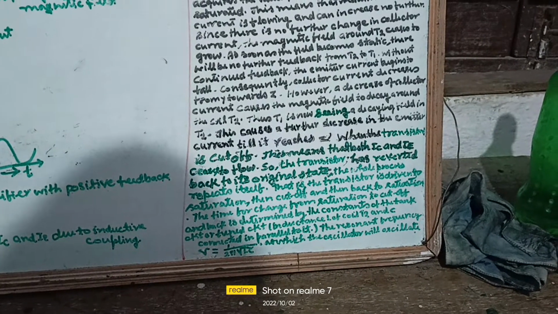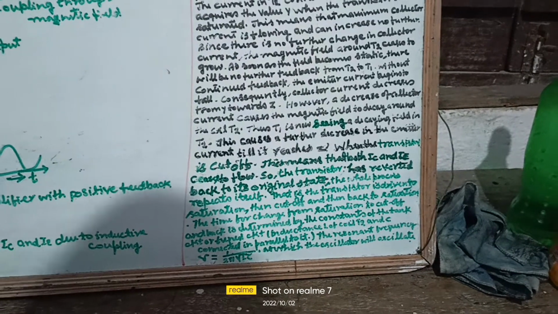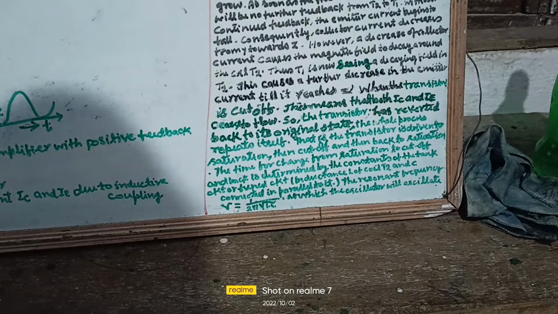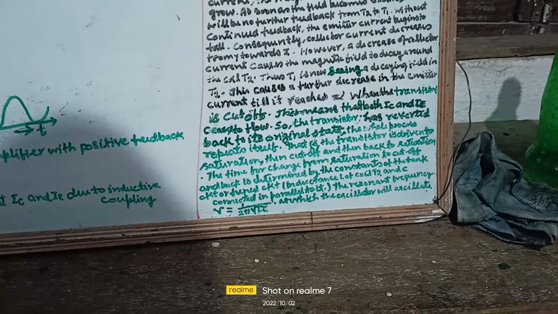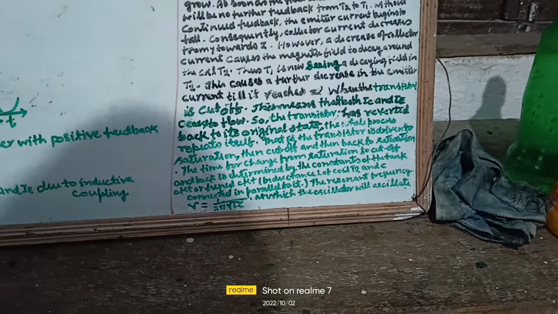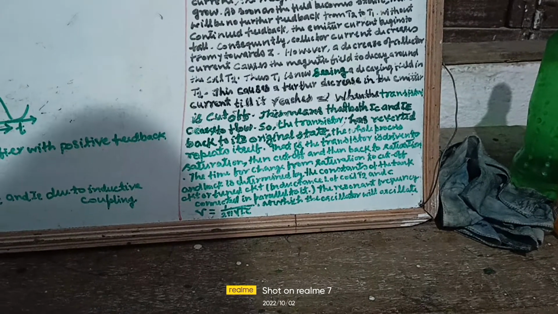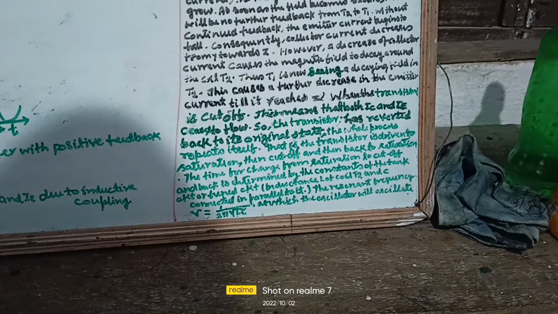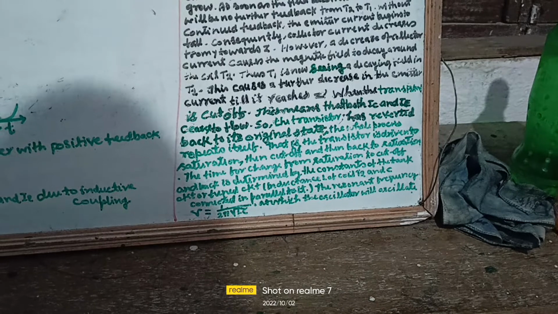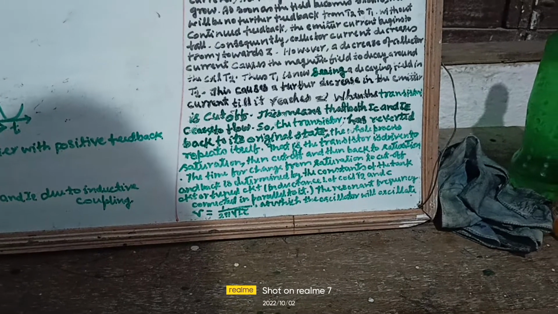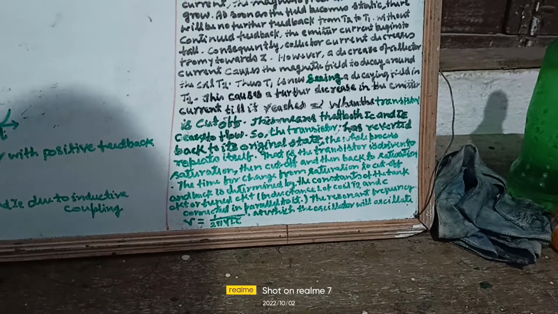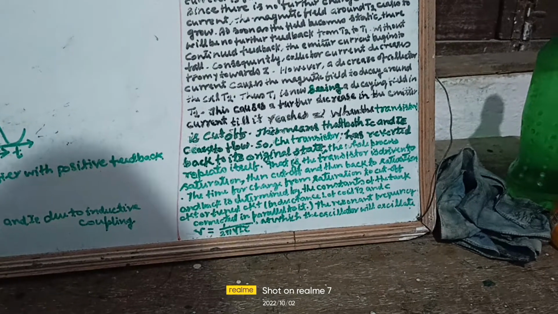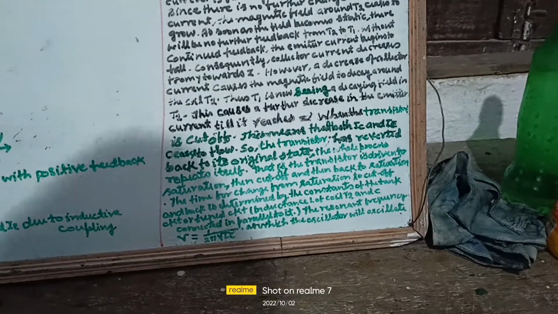The time for change from saturation to cut off and back is determined by the time constant of the tank circuit or tuned circuit, the inductance of coil T2 and C connected in parallel to it. The resonant frequency is ν equals 1 by 2π root LC, at which the oscillator will oscillate.